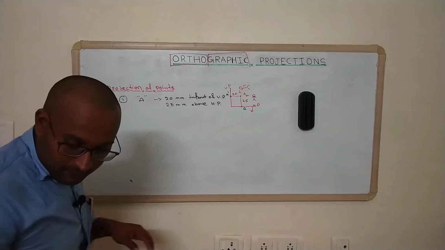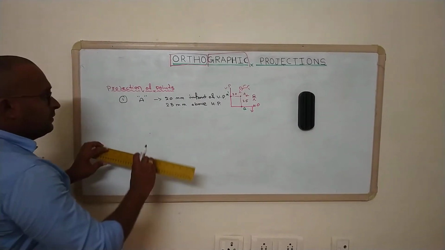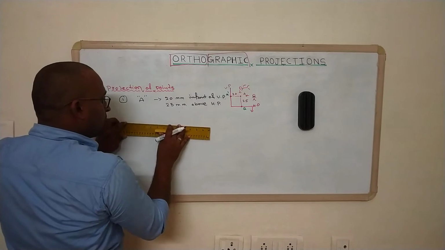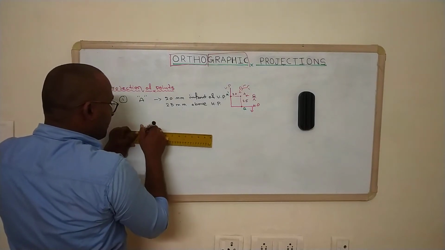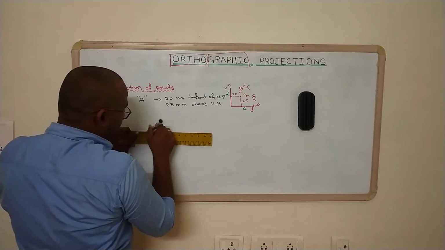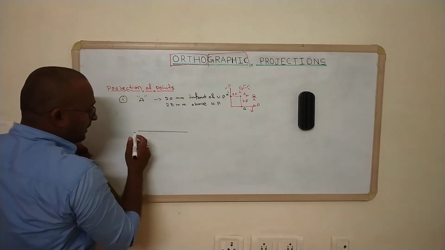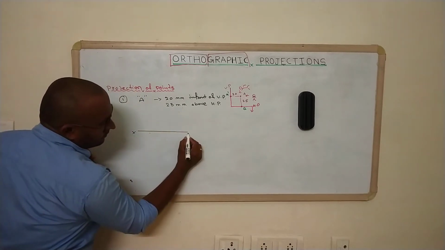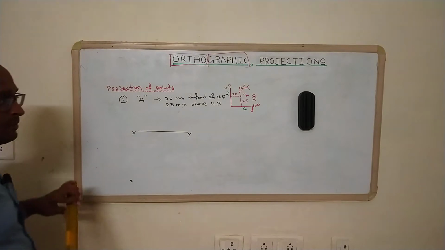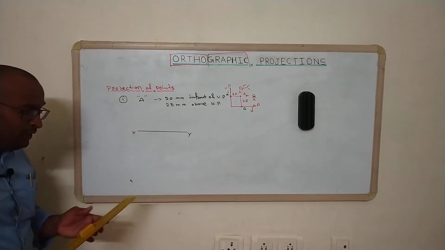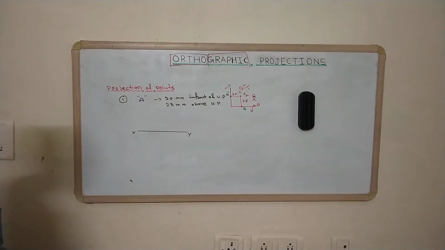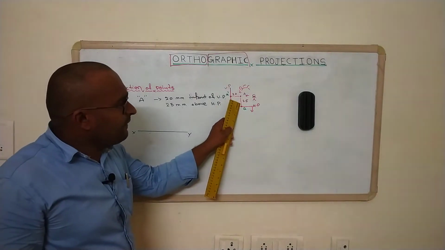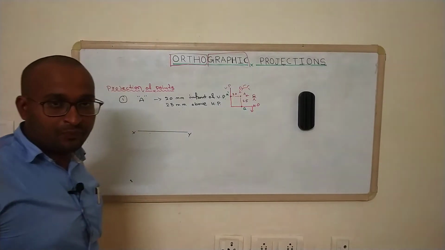Initially we must draw the horizontal line, which is the XY line. Later on we need to mark the point 25 mm above HP.